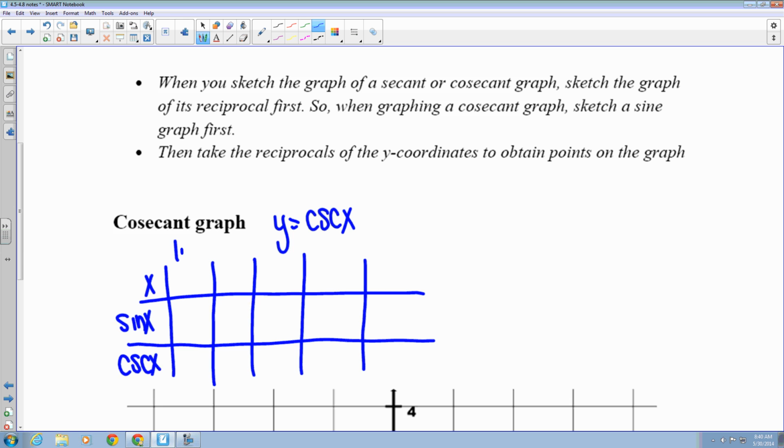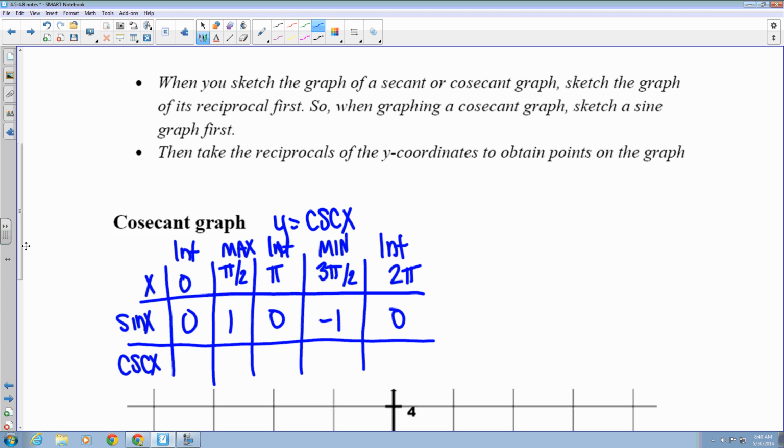So it's going to be intercept, max, intercept, min, intercept from 0 to 2 pi. Now the difference then, once you have the 5 key points for sine, everywhere you see a 0 is going to be undefined for cosecant, but the other two numbers will be the same.